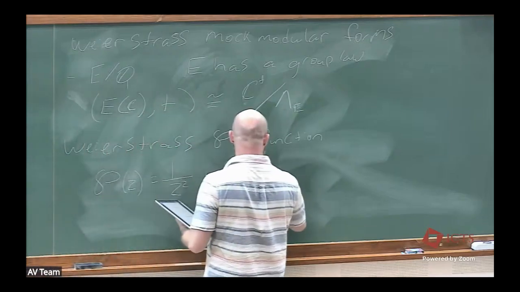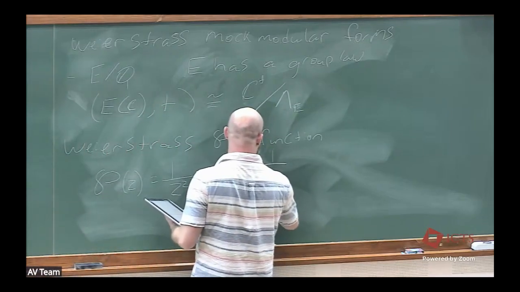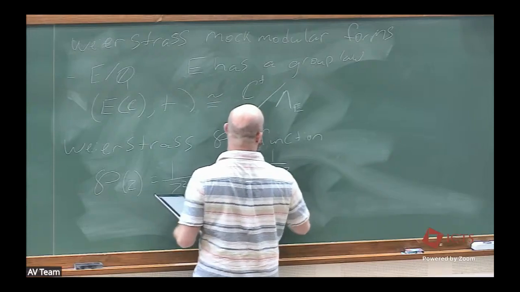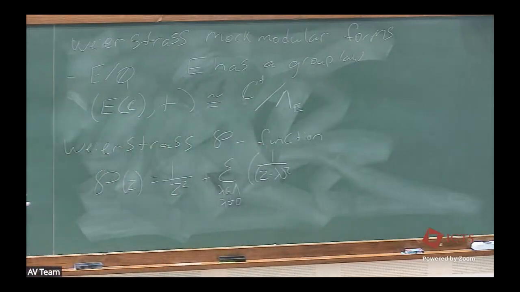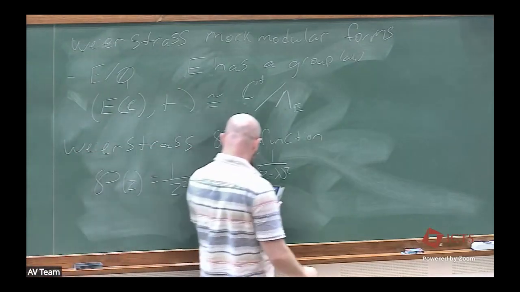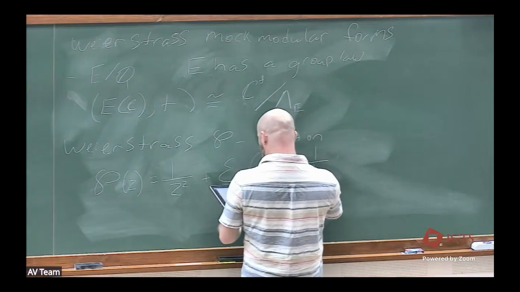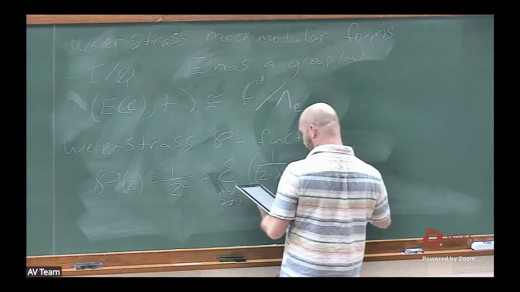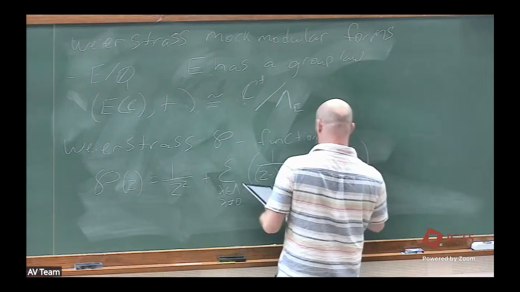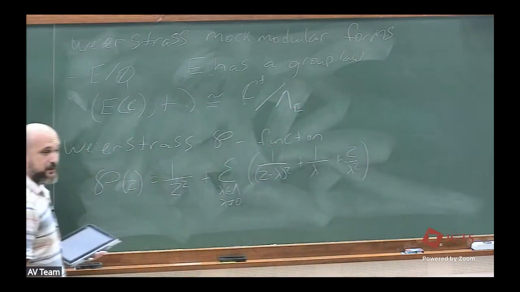And what I want to do is look at 1 over z minus lambda squared. This is what I really want, but this doesn't converge. So in order to make this converge, I'm going to add 1 over lambda plus z over lambda squared. And this will converge.